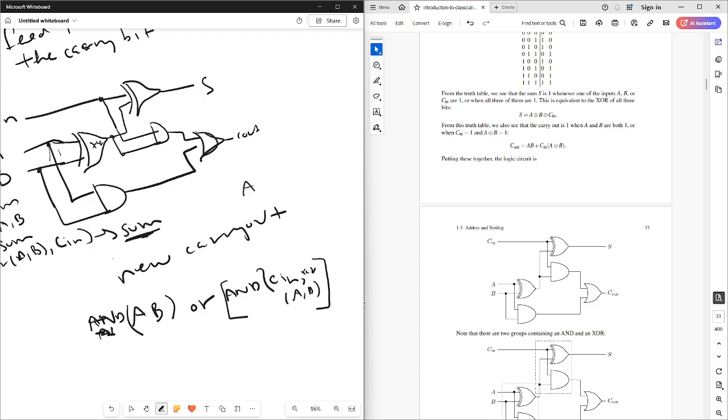So if A, B, and CN are all 1, well, the XOR is going to be 0. Let's say the CN is 1, so we now have 1 and 0... the result here is going to be 0. And also, if A and B are 1, then we'll get 1 OR something, which will give us a carry out of 1 once it filters down through all this equation.